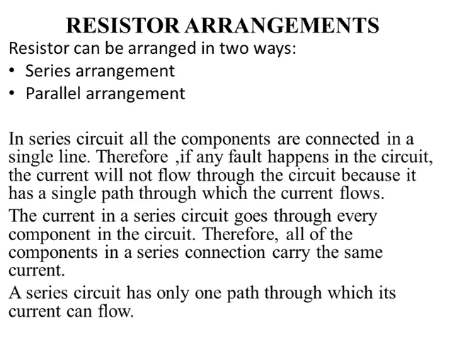In this type of arrangement, if there is any fault in the circuit, say component A is faulty, the current entering through A will not be able to get through to B, so B and C will not work because the current is not flowing through.